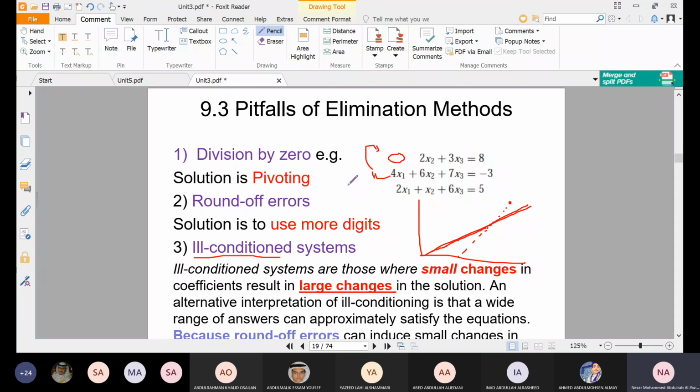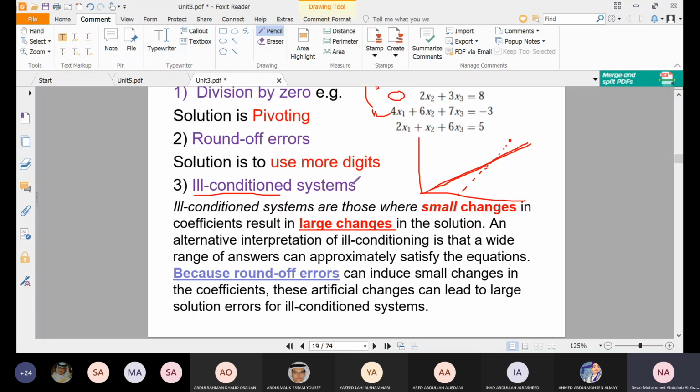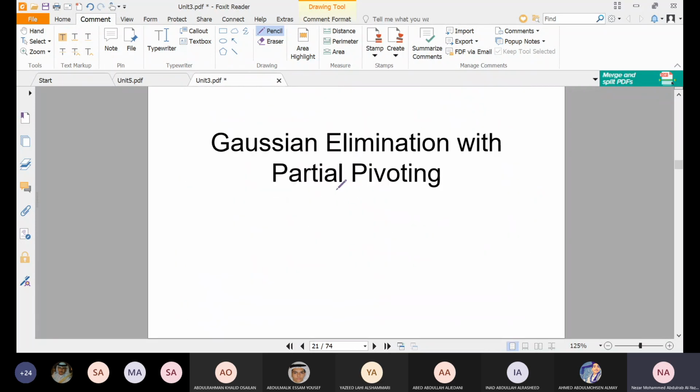We have two methods here that we use. One of them we reviewed in the previous lecture. We call this Gaussian elimination with pivoting elements, or with partial pivoting. In this method, we compare the coefficients of the matrix.